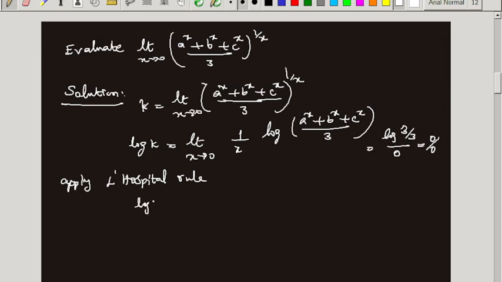So left hand side log k is there. Limit x tends to 0. Log can be written as 1 dividing by (a power x plus b power x plus c power x dividing by 3) into differentiation. Now we differentiate a power x plus b power x plus c power x. So 1 by 3 is constant.